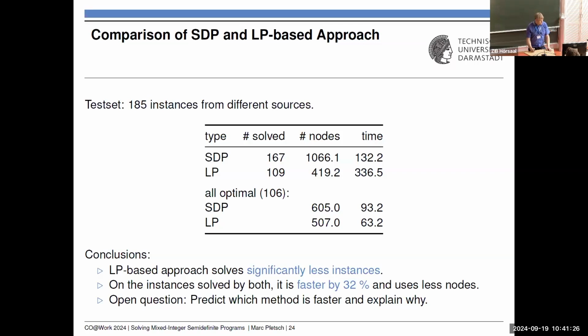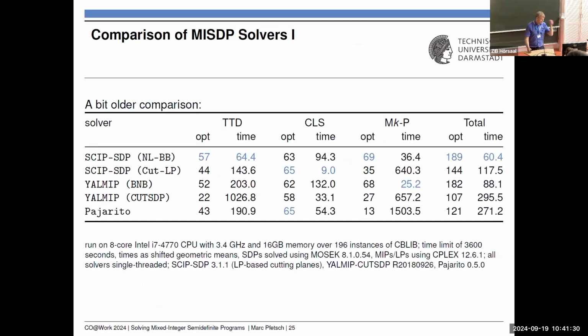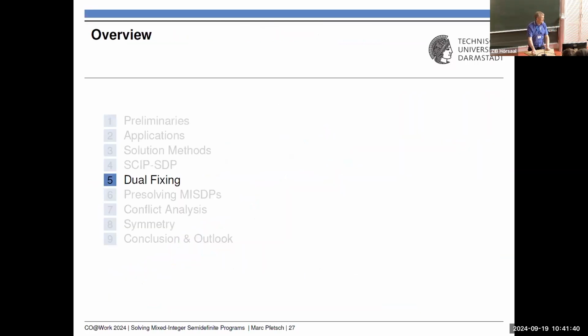Good. So this closes the block on comparison to other solvers. I'll skip that. I mentioned the other solvers, and SCIP-SDP is faster than them. Okay, so this concludes the block on solving mixed integer SDPs.